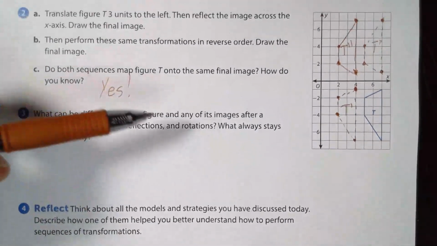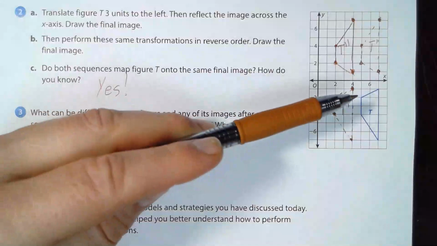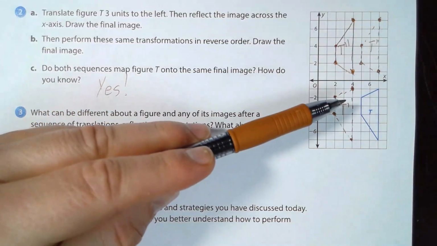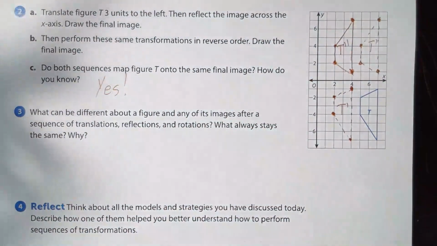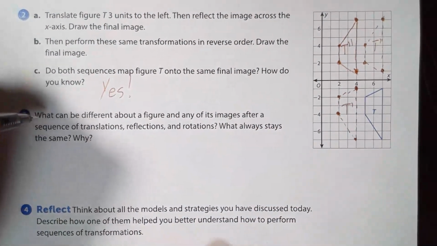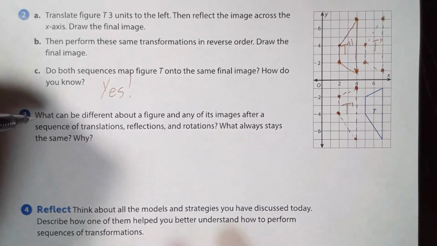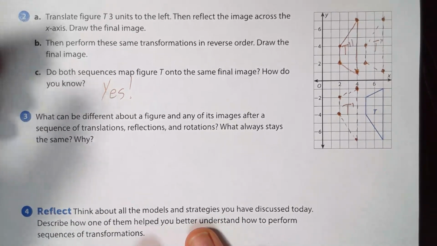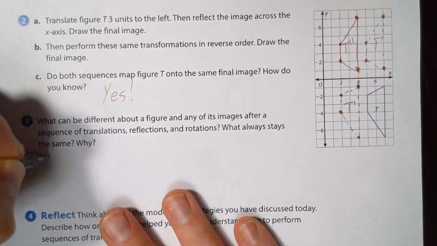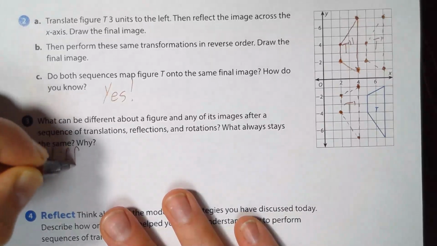So there are some cases where we can do them in different orders and end up in the same place. But we're going to have to be careful about that. What can be different about a figure and any of its images after a sequence of translations, reflections, and rotations?